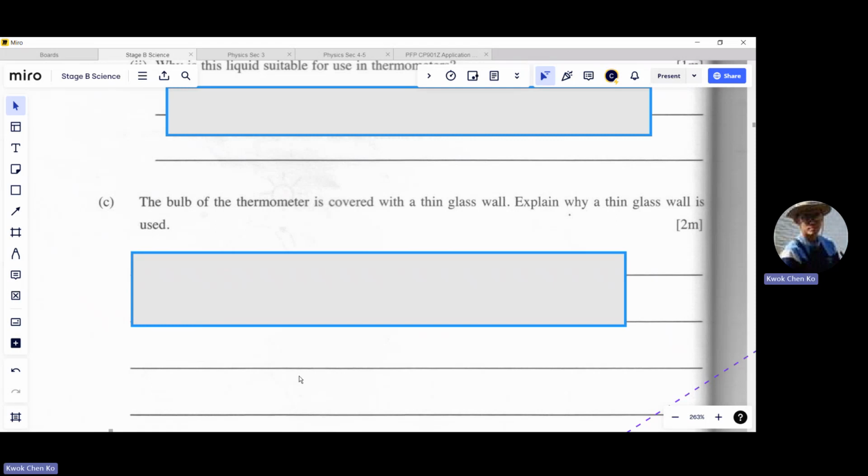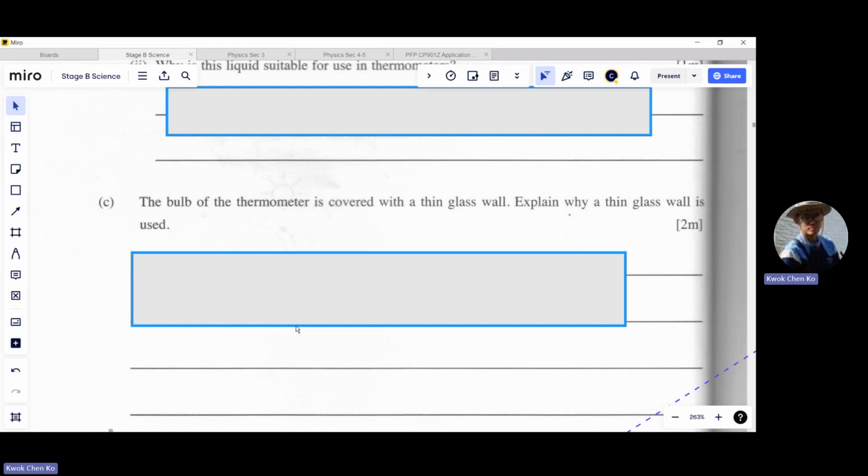Because glass is a bad conductor of heat. I forgot the scientific word. Yes, an insulator. Glass is an insulator of heat. Therefore, the thicker the glass, the lesser the accuracy.